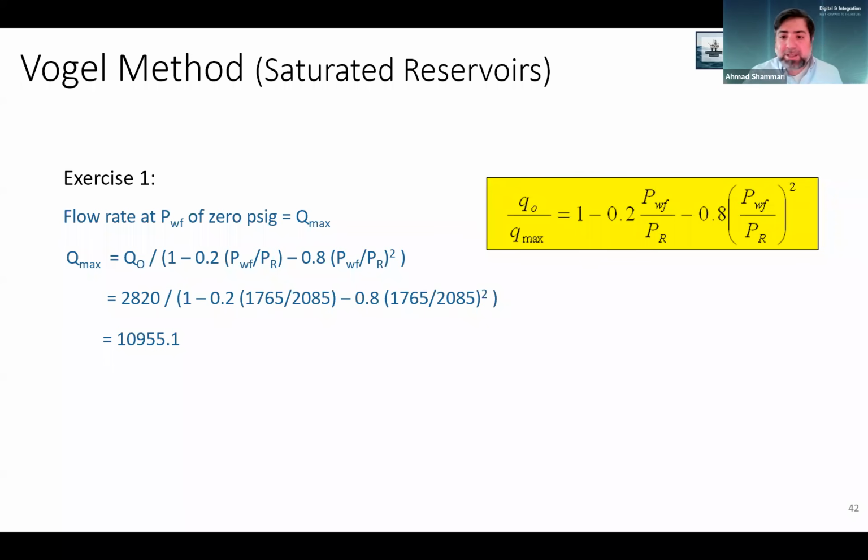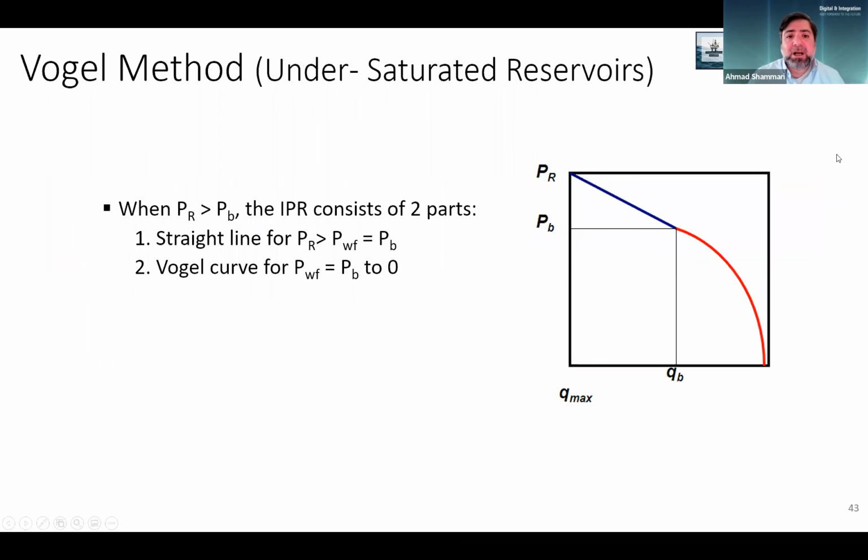Now, we all know that not always is the reservoir pressure below the bubble point. It's a possibility that the reservoir pressure is above the bubble point. And that's why we call it undersaturated reservoir. In this case, we need to consider that the IPR curve must be composed of two lines.